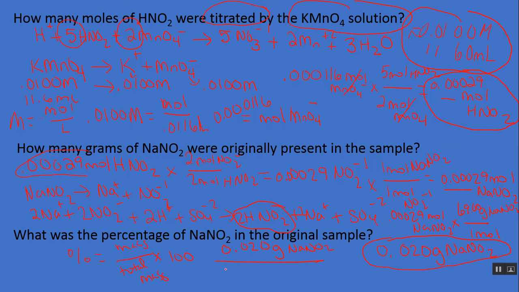Our sample was 1 gram of sample, times 100, and we end up with only about 2% sodium nitrite. So a very small amount of that sample is actually the sodium nitrite that's used for the production of the preservative.